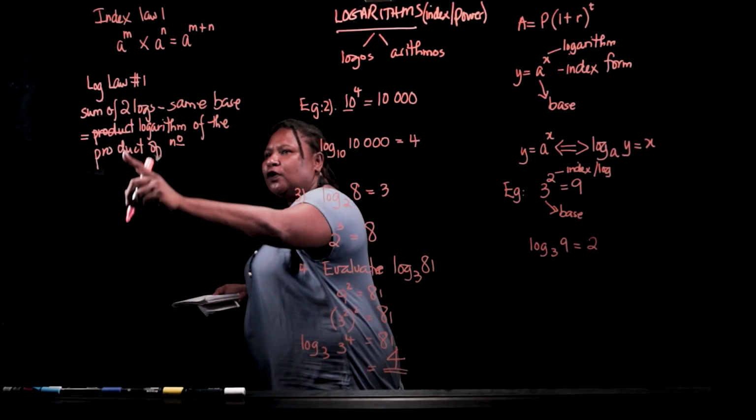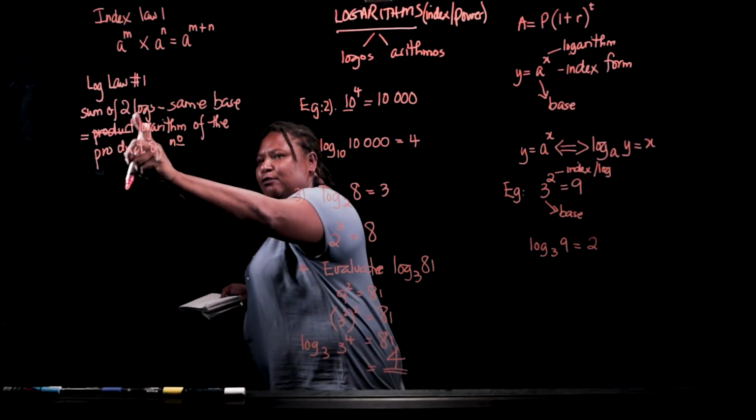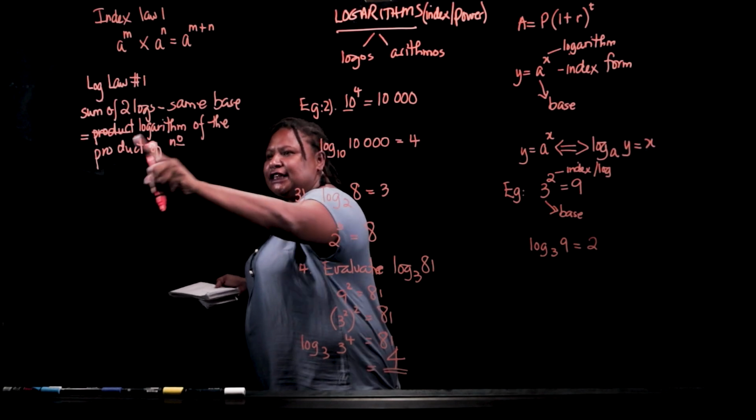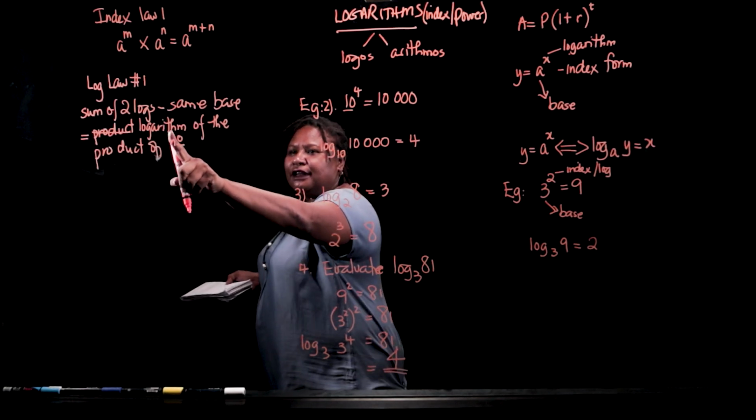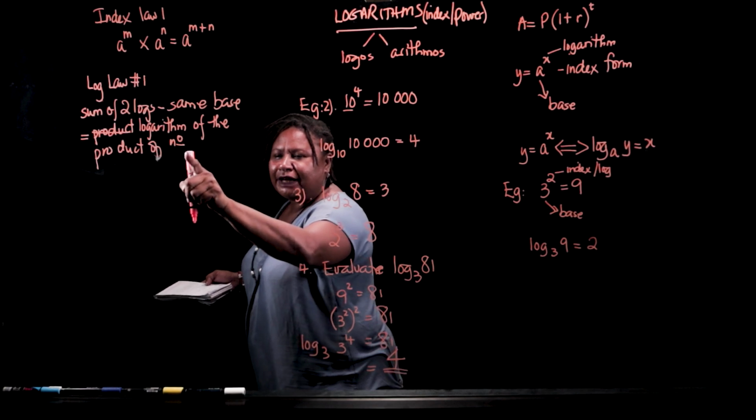I'm going to write this very condensed. So our law states that the sum of two logs with the same base is equal to the log of the product of numbers. Now, which numbers?